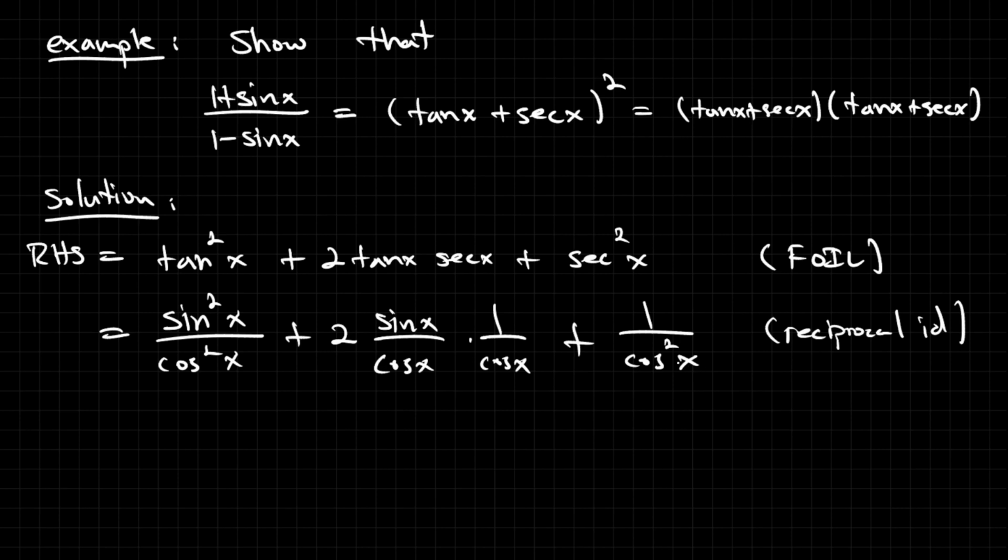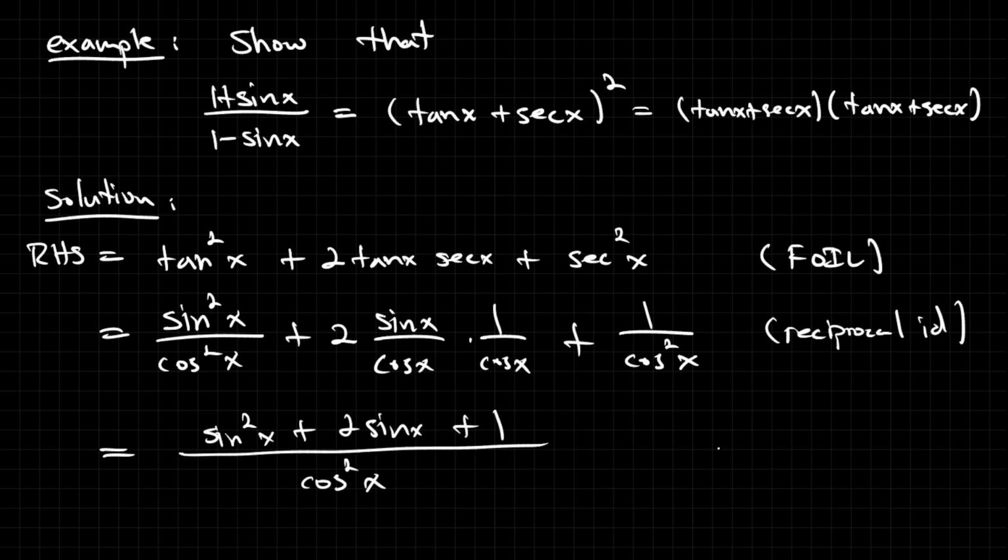I don't even have to get a common denominator. And so this would end up being (sin squared x + 2 sin x + 1) all divided by cosine squared x. So this is just fraction addition.